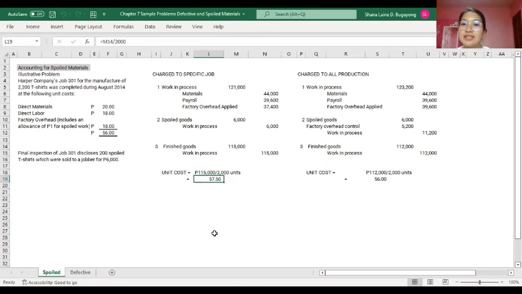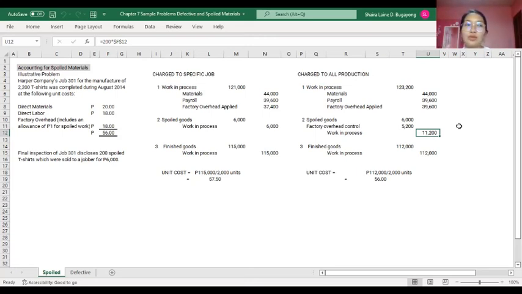Now, what if i-charge siya sa all production? Here, i-include na din nimo ang allowance for spoiled work. So, our factory overhead kay 39,600 na lang dayon. So, debit work in process of 123,200. If charged siya sa all production, ang i-credit sa work in process is ang total unit cost.